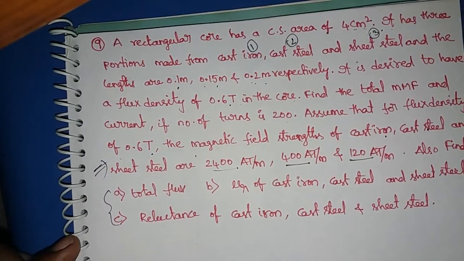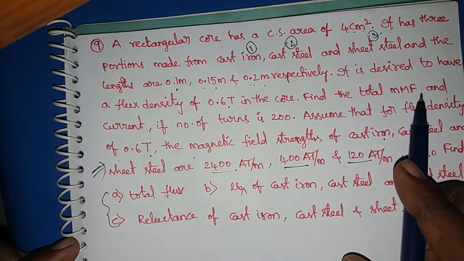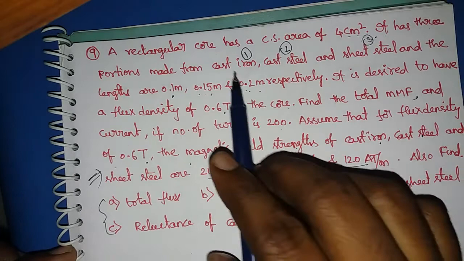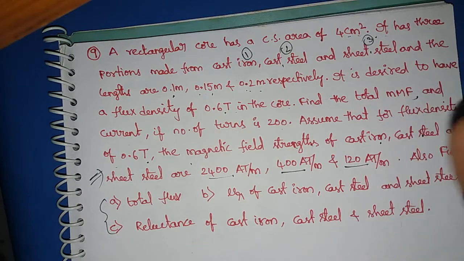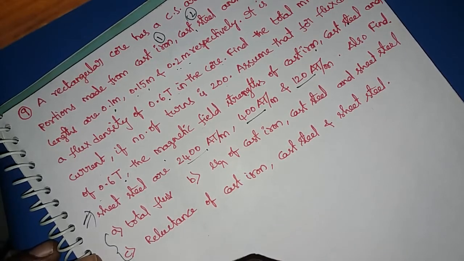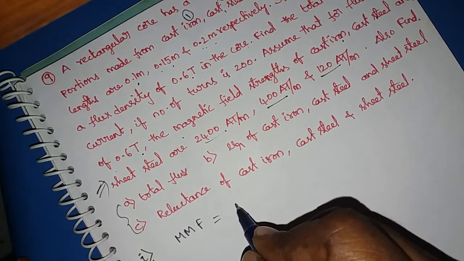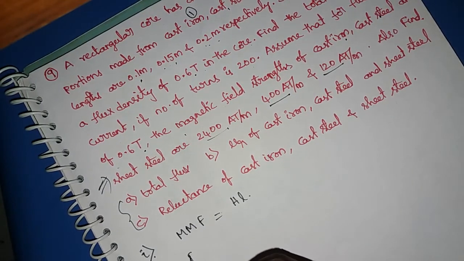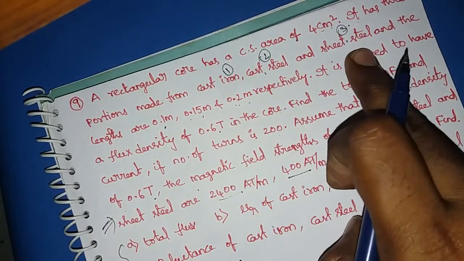Here we need to find the value of total MMF. Total MMF means the MMF of the cast iron, the MMF of the cast steel, and the MMF of the sheet steel, which we need to find individually. MMF is equal to H into L. Here F1 stands for cast iron, F2 for cast steel, F3 for sheet steel.